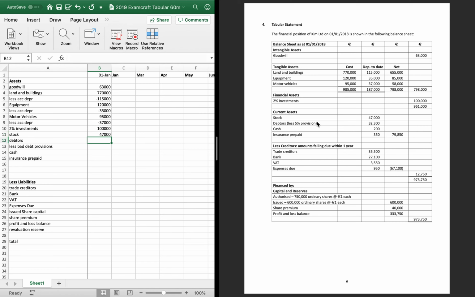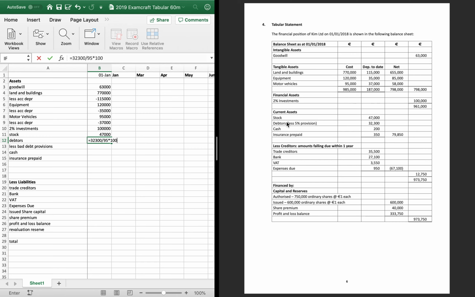And then we've got debtors less 5% provision. So when you see that 5% provision, you make room for bad debt provision. So you go debtors less bad debt provision there. So debtors less provision for bad debts is 32,300. So debtors on its own is going to be 32,300 divided by 95 multiplied by 100, because this here includes a 5% provision.